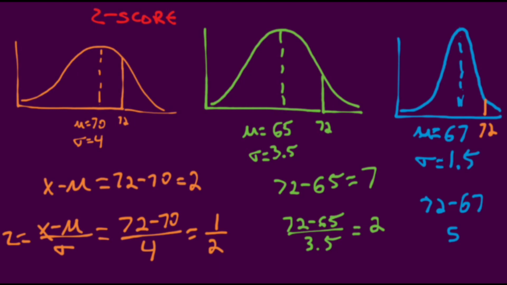When we put that into context of the z-score, bringing into play the standard deviation, we get 5 divided by 1.5. So the z-score here is 3.33, right? So we now know that a person at 72 inches is a full 3 1/3 standard deviations above the mean. And that's what's telling us that it's more extreme, not just the deviation.